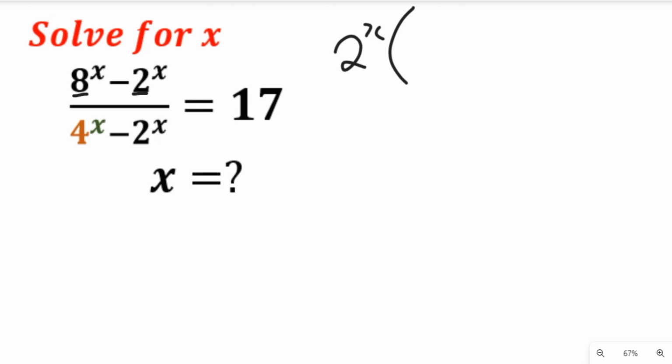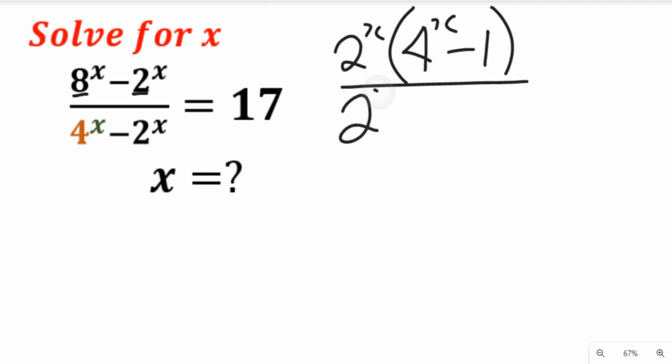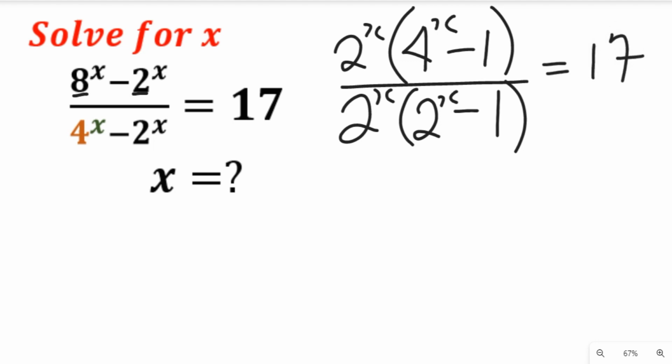When we remove 2 to the power of x from 8 to the power of x, we have 4 to the power of x remaining, minus 1, and this will be divided by 2 to the power of x, which is common too. We'll have 2 to the power of x remaining here, minus 1, and this will be equal to 17.